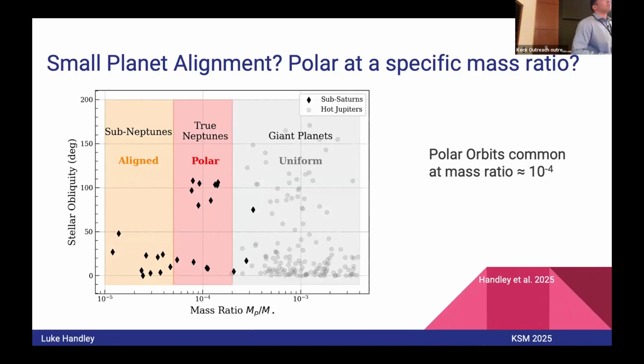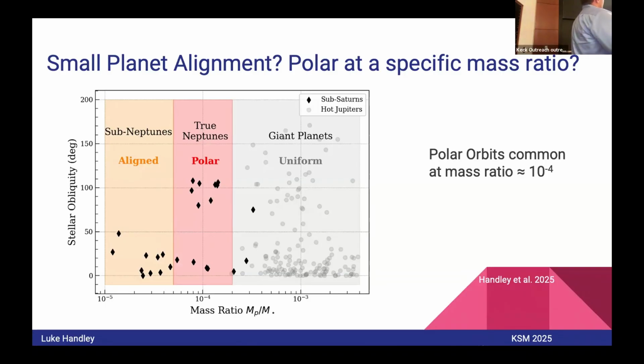And one final trend that I'd like to point out is that I think that the mass ratio axis is a really important one to actually understand what's going on, right? So if we look here at the obliquity distribution for the giant planets around 10 to the -3 mass ratio, we see that there's kind of this uniform blend of obliquities where it's kind of hard to make sense of what we see. There's probably a myriad of different factors that are playing into what we observe.